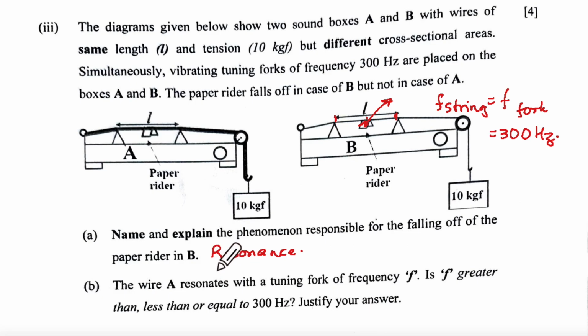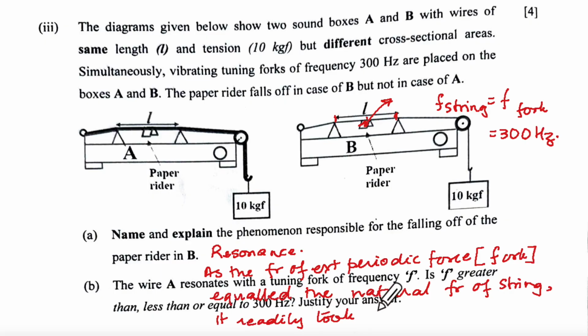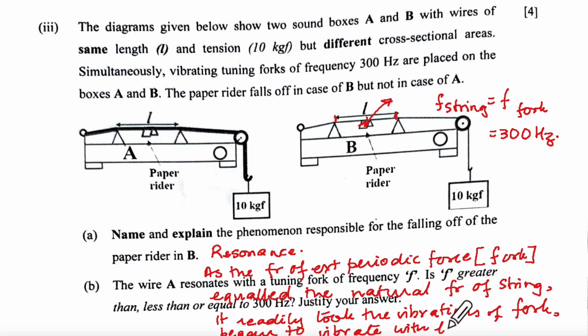And how will we explain it? As the frequency of external periodic force, that is the frequency of the fork, equaled the natural frequency of the string, it readily took the vibrations of the fork and began to vibrate with larger amplitude.